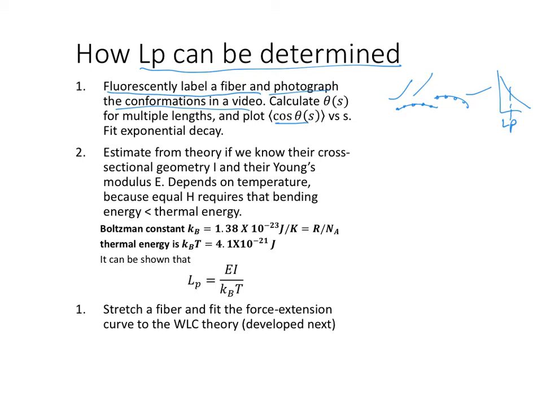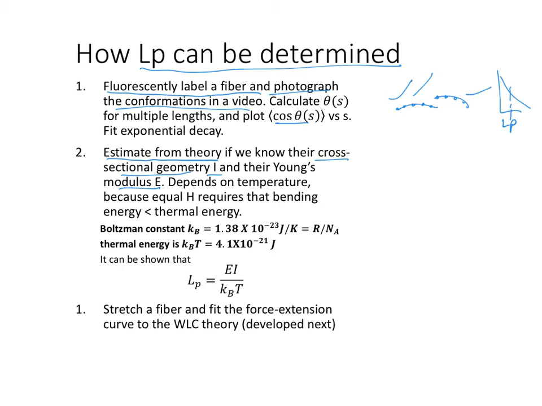Another way to calculate the persistence length is to estimate it from theory. If you know the cross-sectional geometry, I, that is, and the Young's modulus, E, that is, if you know the flexural rigidity of a fiber, you know something about how bendable it is.